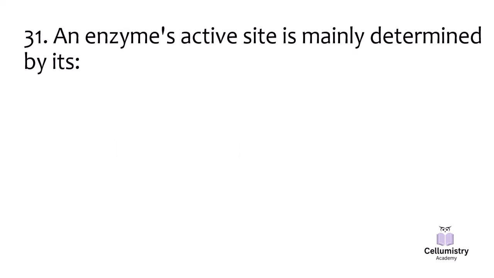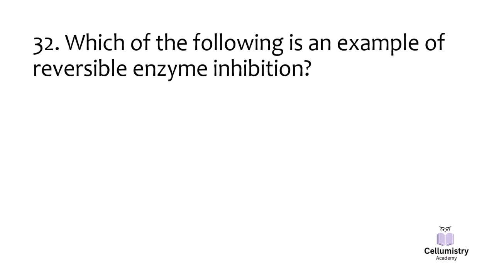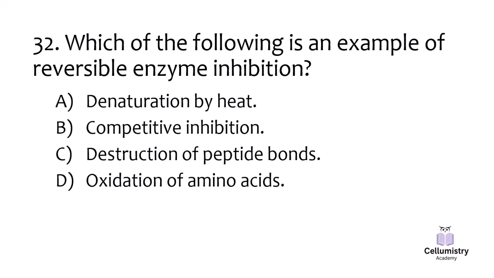An enzyme's active site is mainly determined by its... Answer is A. Primary and tertiary structure. Which of the following is an example of reversible enzyme inhibition? Answer is B. Competitive inhibition.